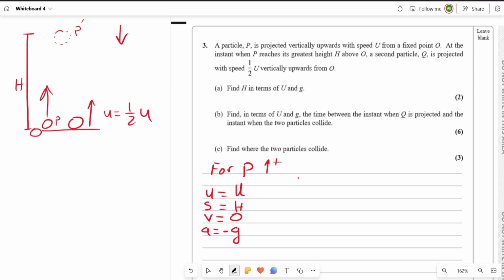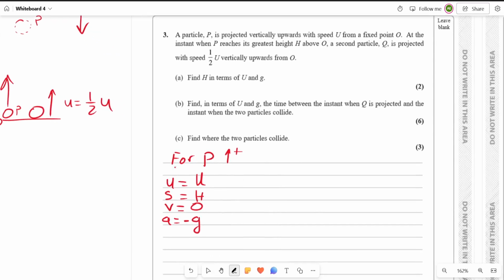It's all variables, and it's asking you to get this in terms of that. So from these four things, the important ones are initial velocity, displacement, final velocity, and acceleration. Which quantity didn't I mention? I didn't mention time. So I'll use the equation that doesn't include time.